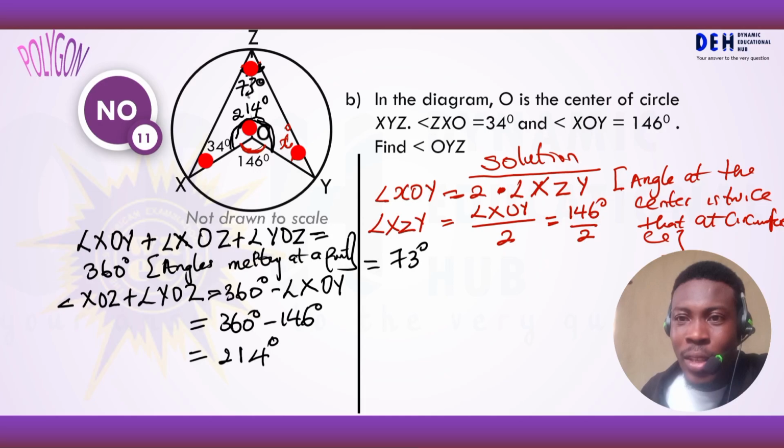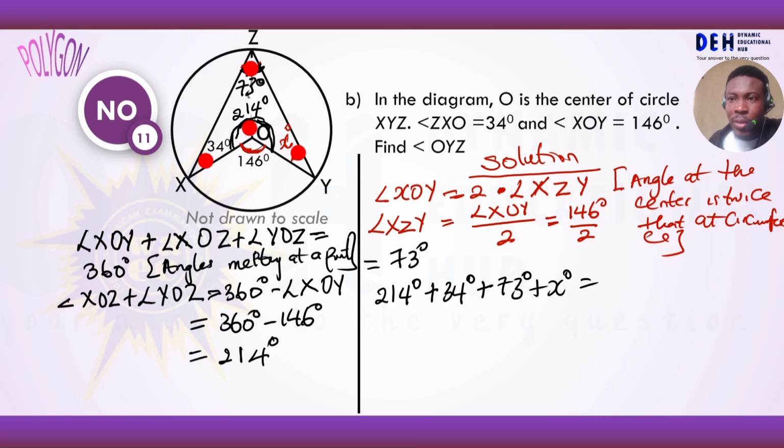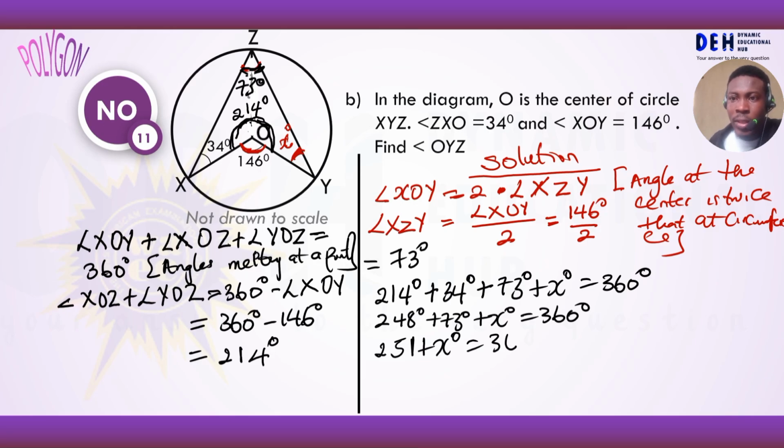So 214 degrees, one of the interior angles, plus 34 degrees plus 73 degrees plus x degrees should be equal to 360 degrees. Add all these together. 214 plus 34 gives 248 degrees, plus 73 degrees is 251 degrees. So 251 plus x equals 360 degrees. x will be 360 minus 251, which is 109 degrees.